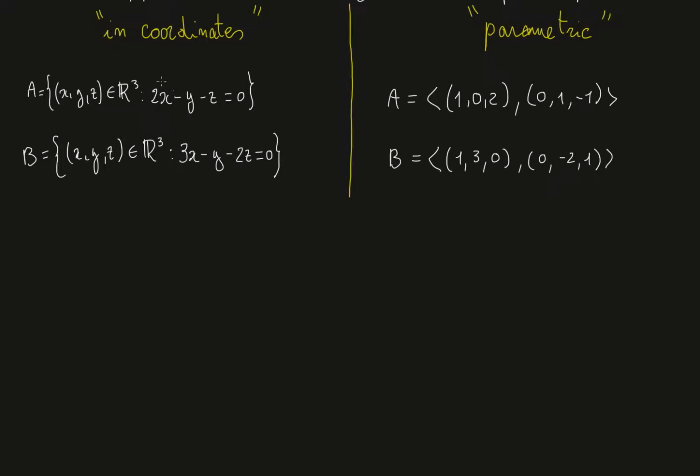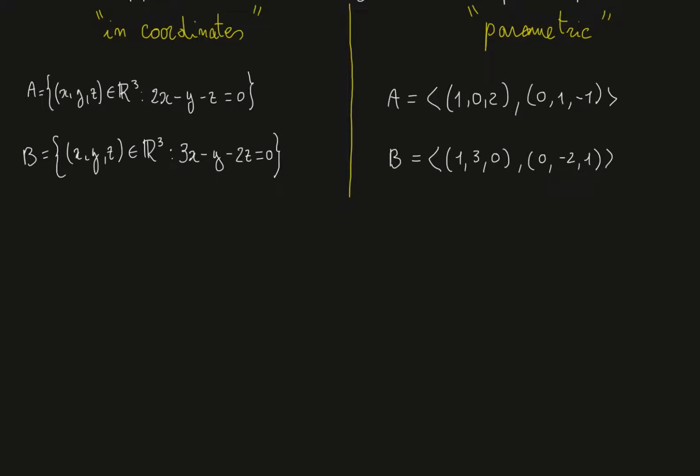So for the computer it's much easier to do that if the subvector space is represented in coordinates. On the other hand, as we will see, there are certain situations in which it is better to have A represented through the parametric expression, because in a sense we are just carrying with us two vectors of A and then recovering all the others as linear combinations of these two vectors.